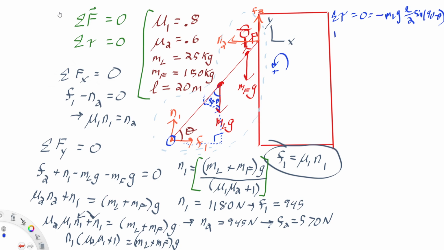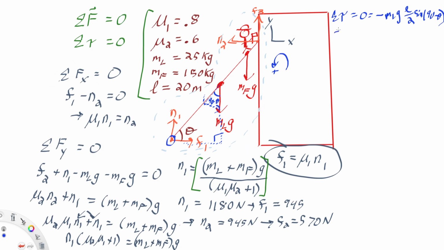What about the weight of the firefighter? Clockwise or counterclockwise? Clockwise, still clockwise, because we're rotating down at the bottom. So any forces that are pointing down are going to tend to go clockwise.